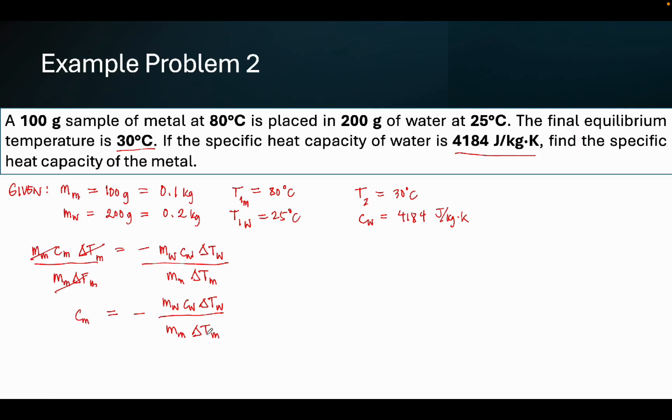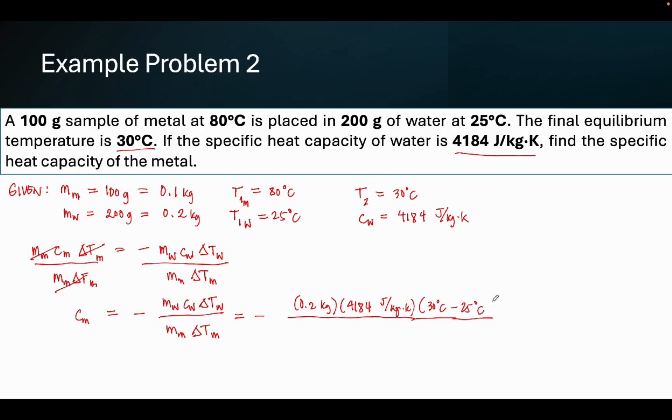Okay. So, let's substitute the values. We have negative of mass of water, which is 0.2 kilograms, times specific heat of water, which is 4184 joules per kilogram times Kelvin, times delta T. Our delta T is 30 degrees Celsius minus 25 degrees Celsius.